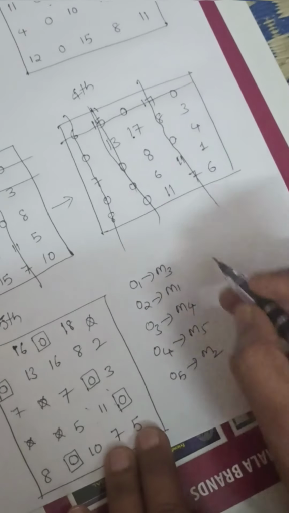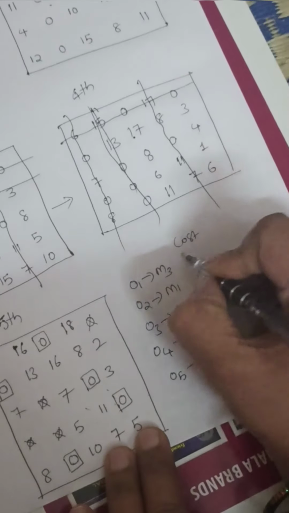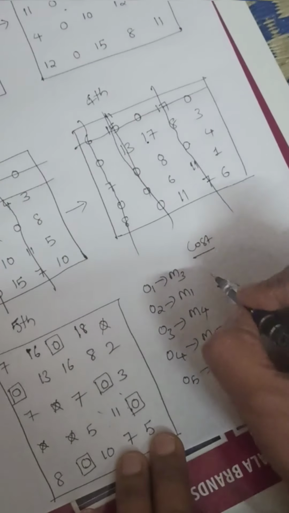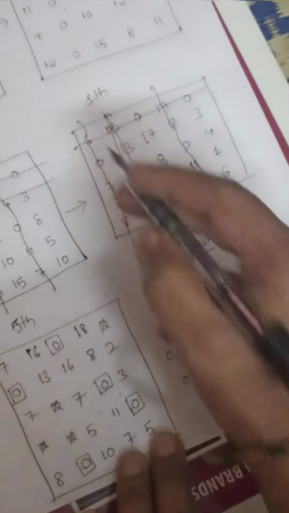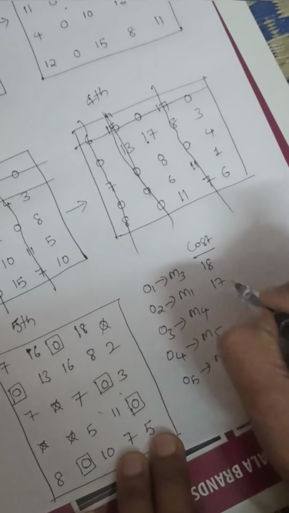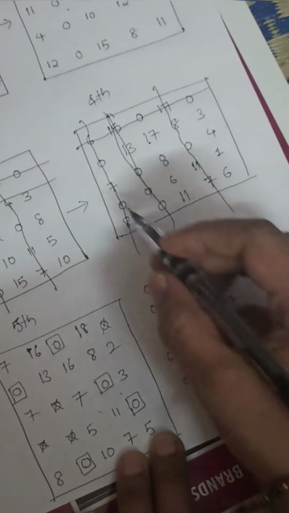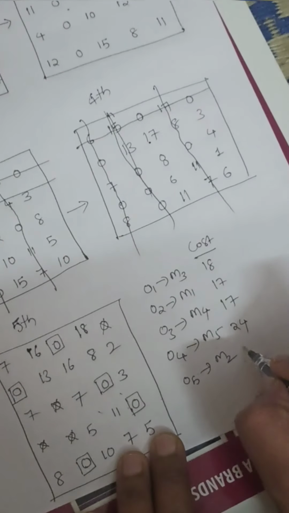Okay. Now the corresponding cost. What is the cost? See the question. 18, M3 and M1 is 17, and M5 is 24, and next M2 is 16.